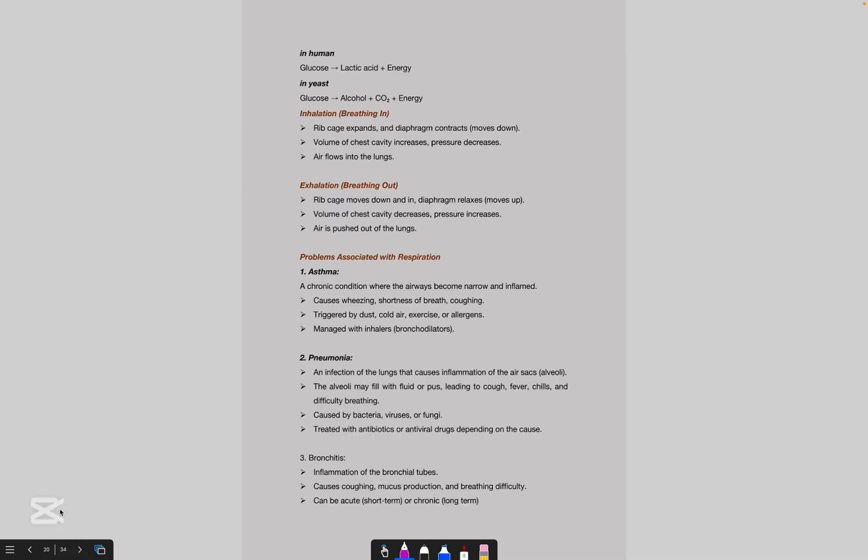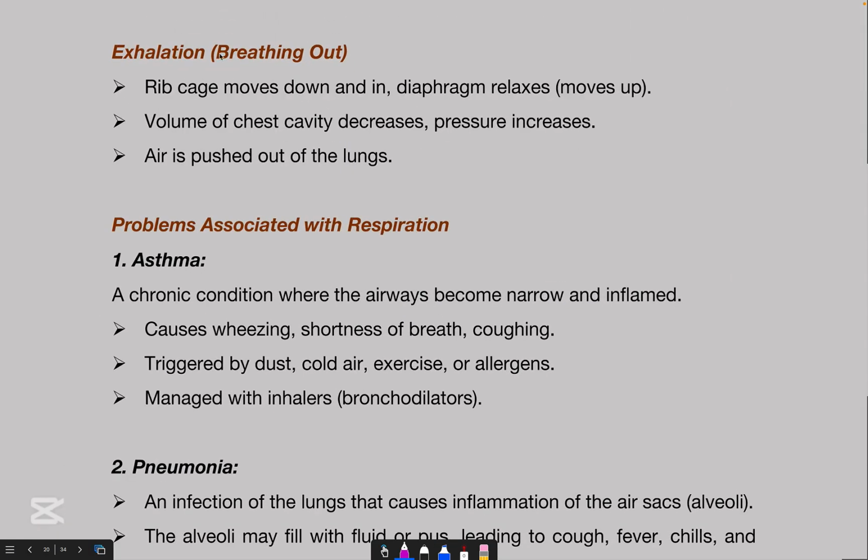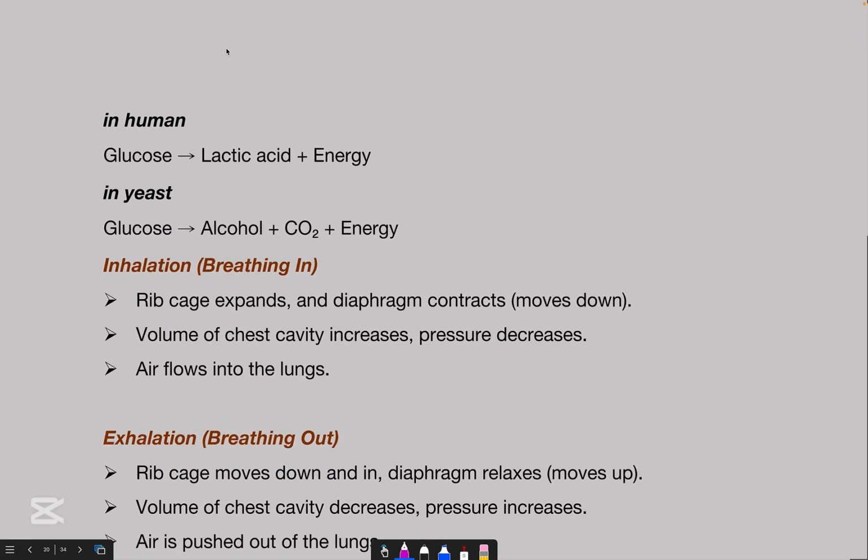All right. So in humans, example of anaerobic respiration is when glucose is converted to lactic acid and energy. And when this lactic acid accumulates in your muscle, that is what causes muscle cramp, especially during exercise. So when you have cramp, know that your muscles lack enough energy to metabolize glucose to give us carbon dioxide and water.